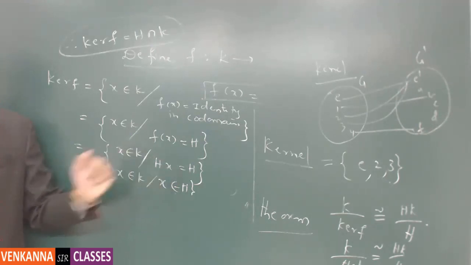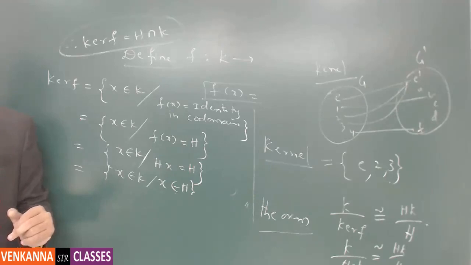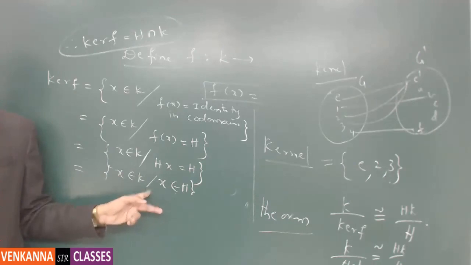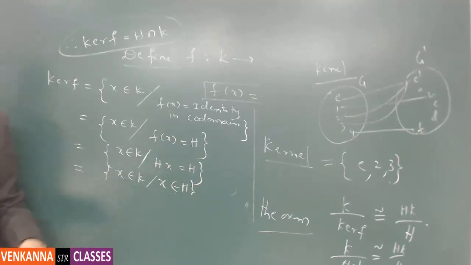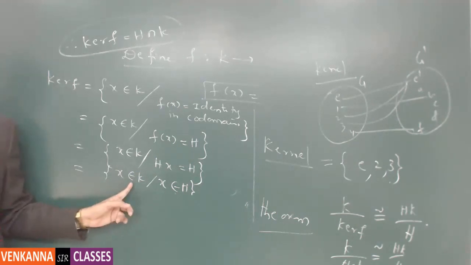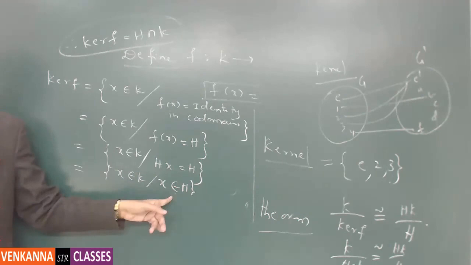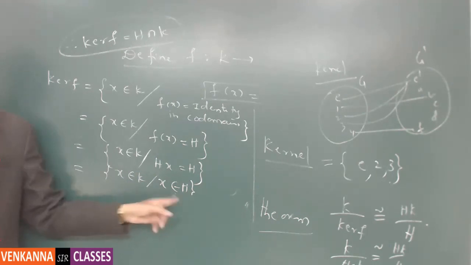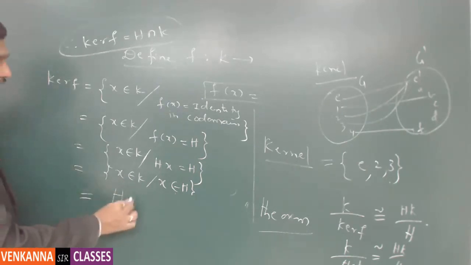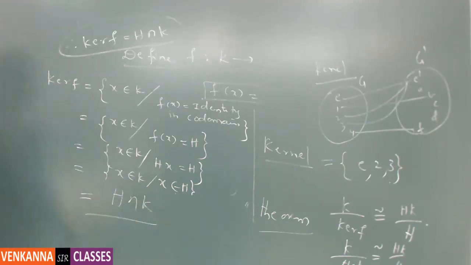So Hx is equal to H I got. And again, as per quotient properties, X belongs to H, as and when Hx is equal to H. Now here, X has two properties. X is an element in K and also it is an element in H. So X is belonging to the two sets, H as well as K here. So this is nothing but H intersection K because X is the common part for H as well as K. Therefore, kernel is nothing but H intersection K. Thus the theorem is proved.